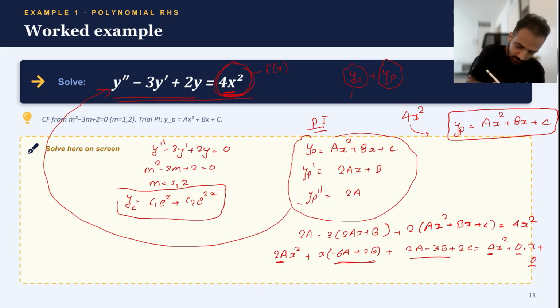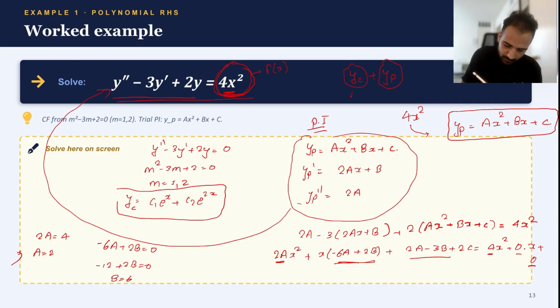So we have three equations. 2a equals 4, that implies a equals 2. A is solved. Now for b, minus 6a plus 2b equals 0, minus 12 plus 2b equals 0, that means b equals 6.